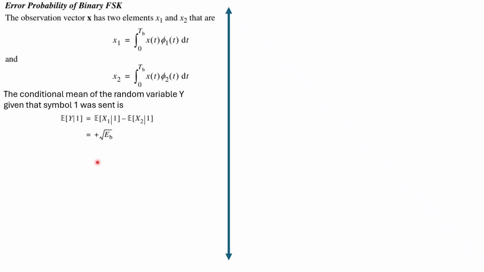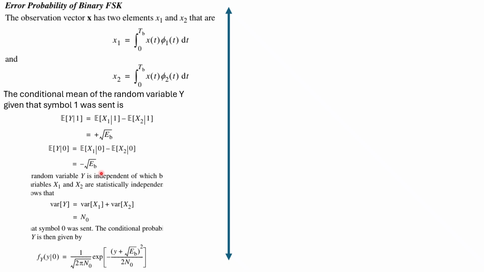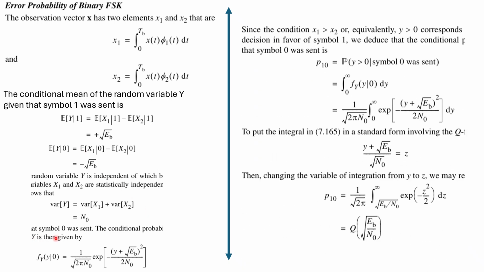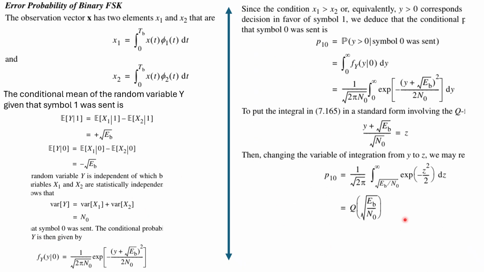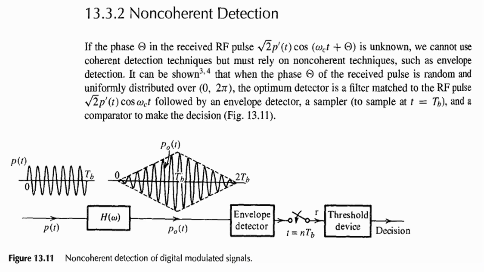Here you can calculate the expectation of Y given one using conditional probability, which will be equal to EB. Further, if you calculate the probability of error, you will get Q of square root of EB by N naught. We have already discussed this in BPSK, so the same process is used here. So here is the final probability of error for binary FSK.